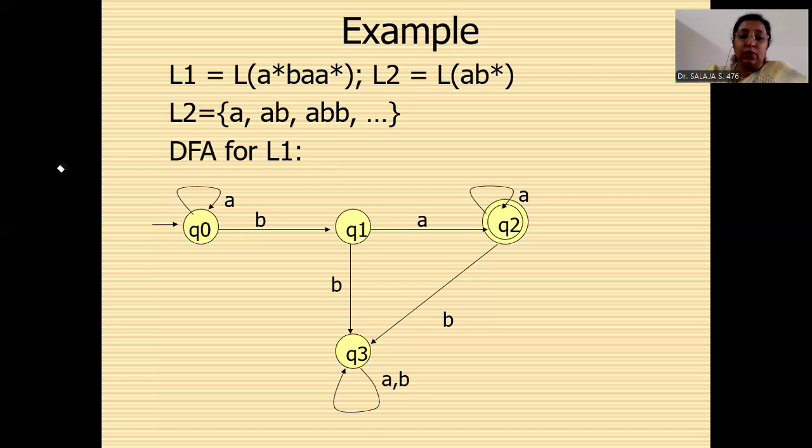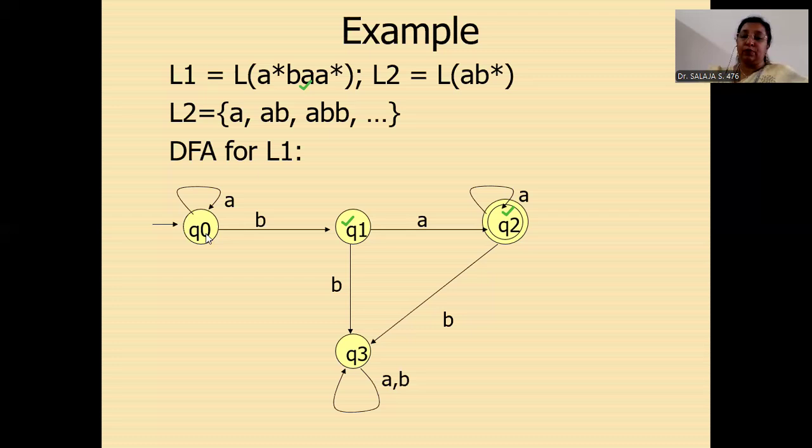You will have A closure on Q0 as a loop on Q0, and then B to Q1, and then A to Q2, and then a self loop on A. Now, what is this Q3 all about? Q3 is the trap state.